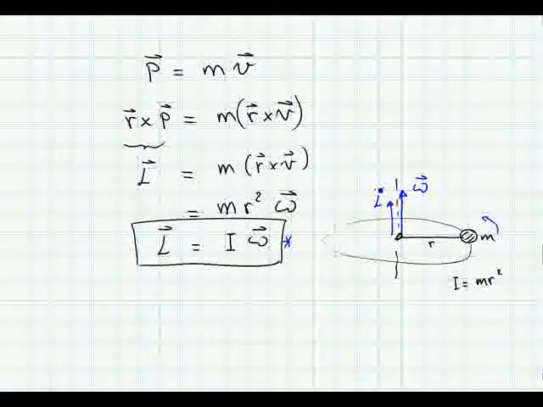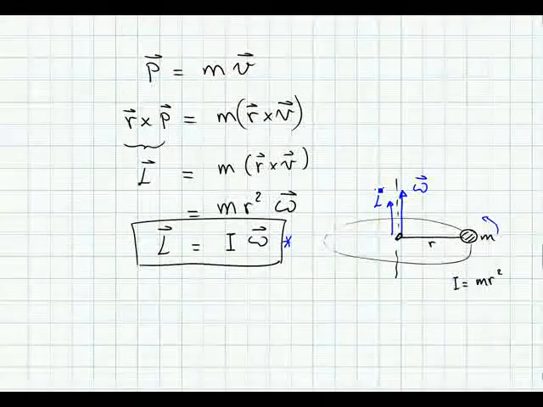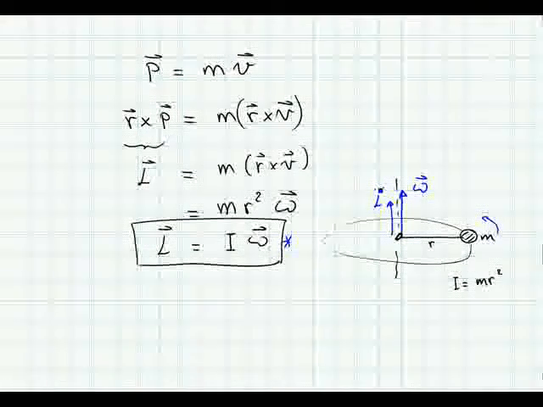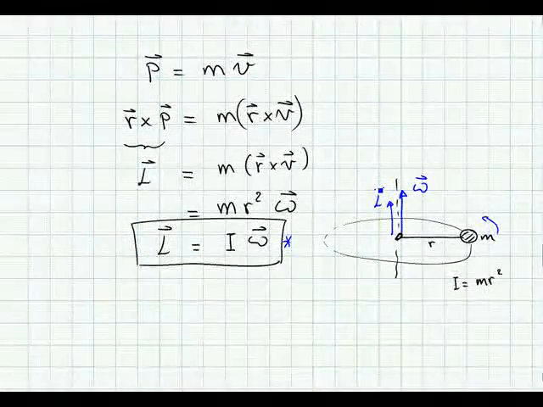If the rotation were reversed, then the vectors would point downwards in the negative z direction, of course.